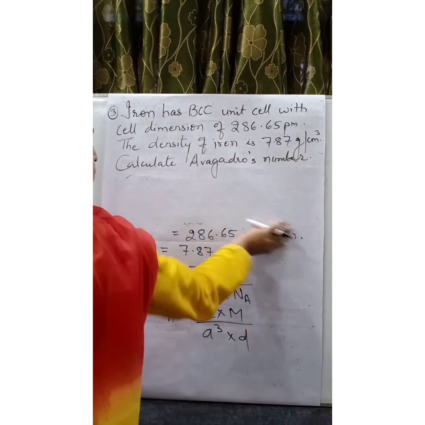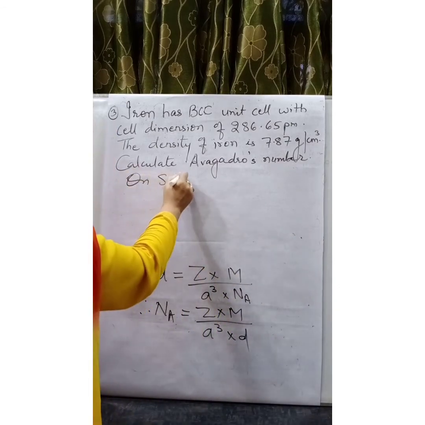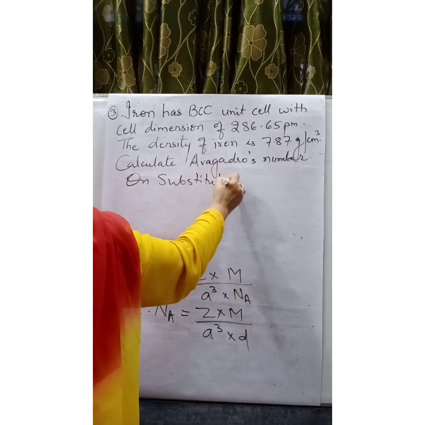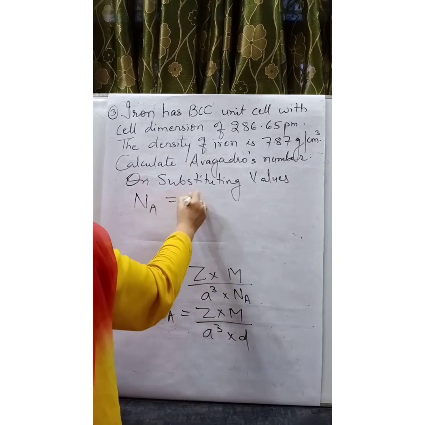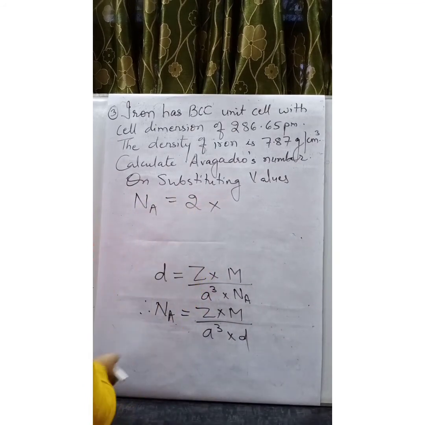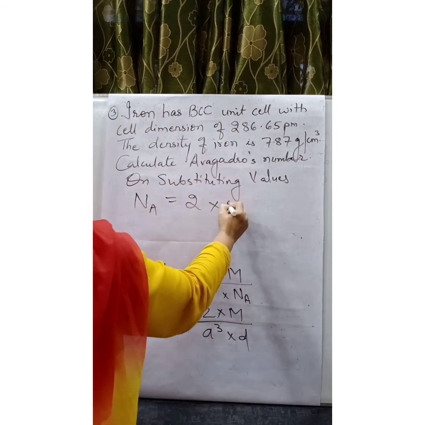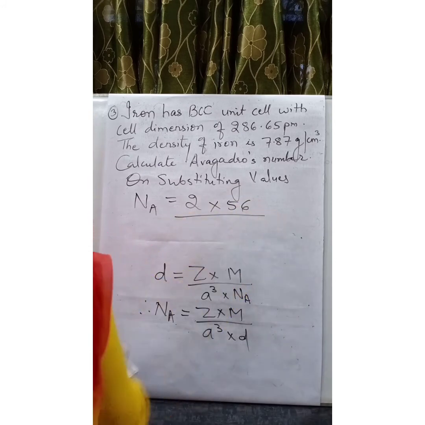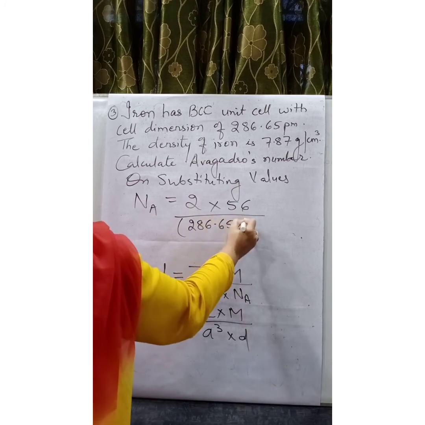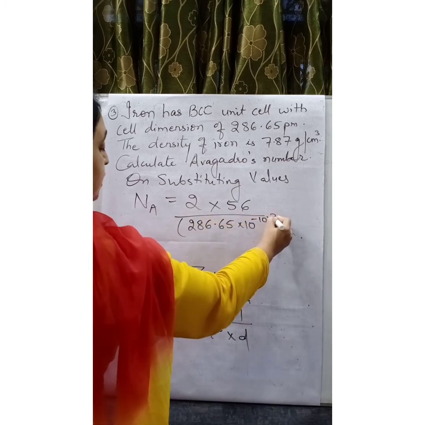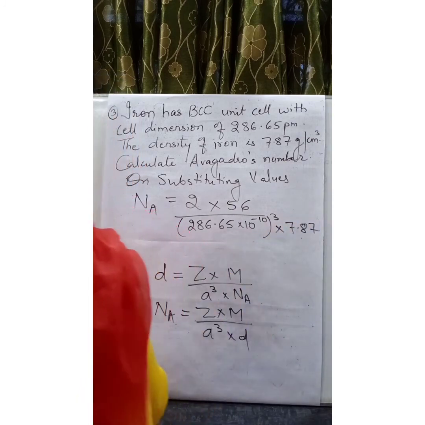So, on substituting values, Na is equal to Z is 2 into molar mass of iron, 56 U, upon a cube, 286.65 into 10 to the power minus 10 cube, into density is 7.87.